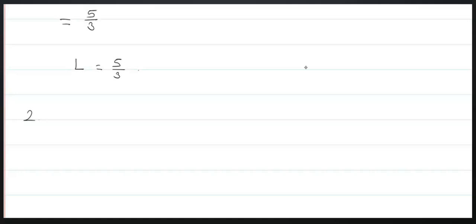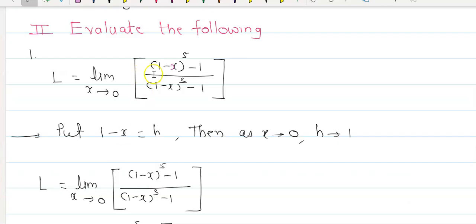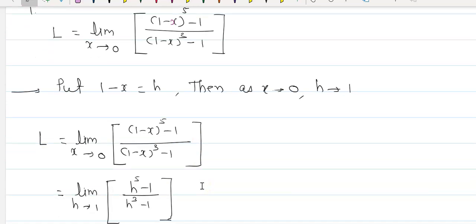Second, limit x tends to 0, (1 - x)^5 - 1 upon (1 - x)^3 - 1. Put 1 - x equals h. Then as x tends to 0, h tends to 1. So limit h tends to 1, (h^5 - 1)/(h^3 - 1).